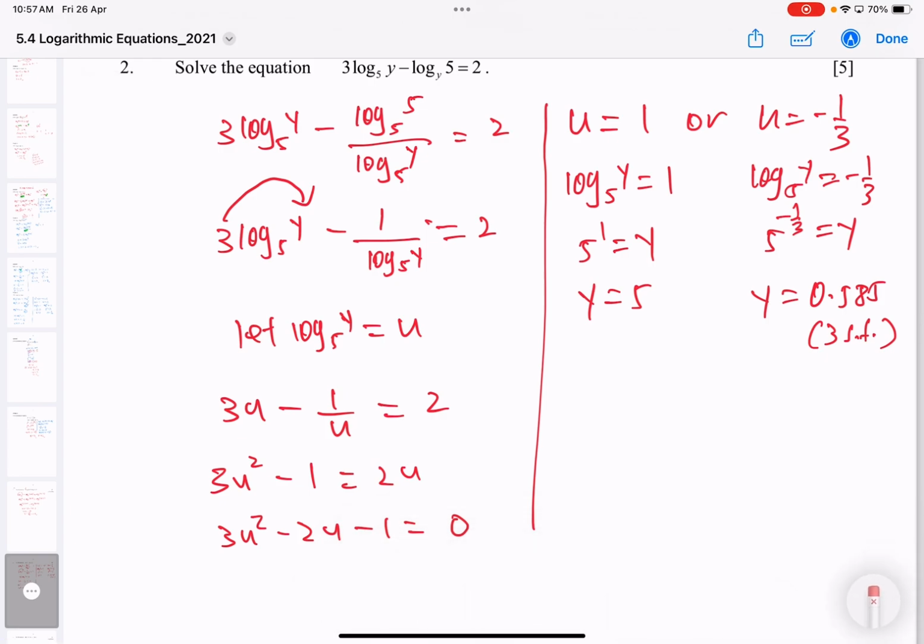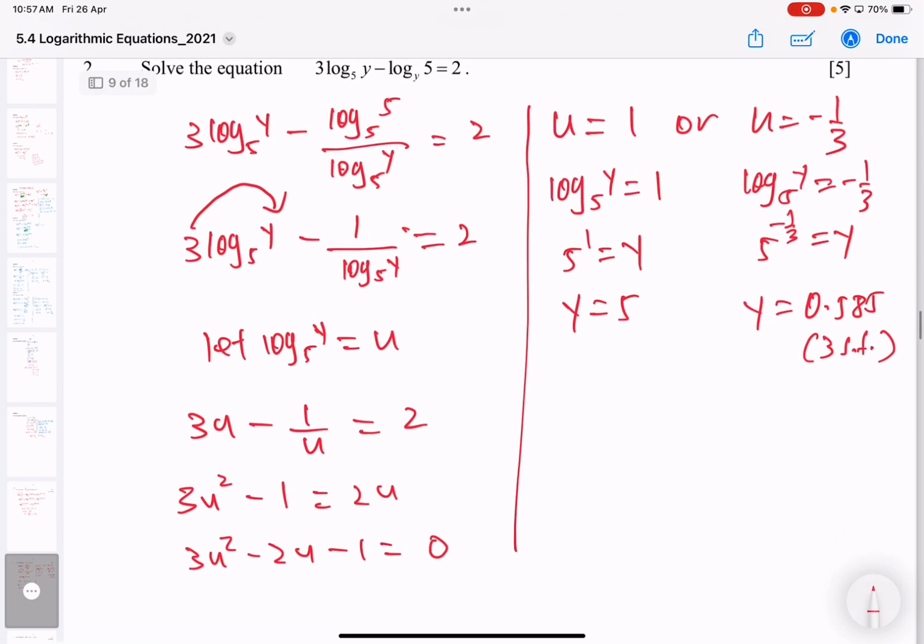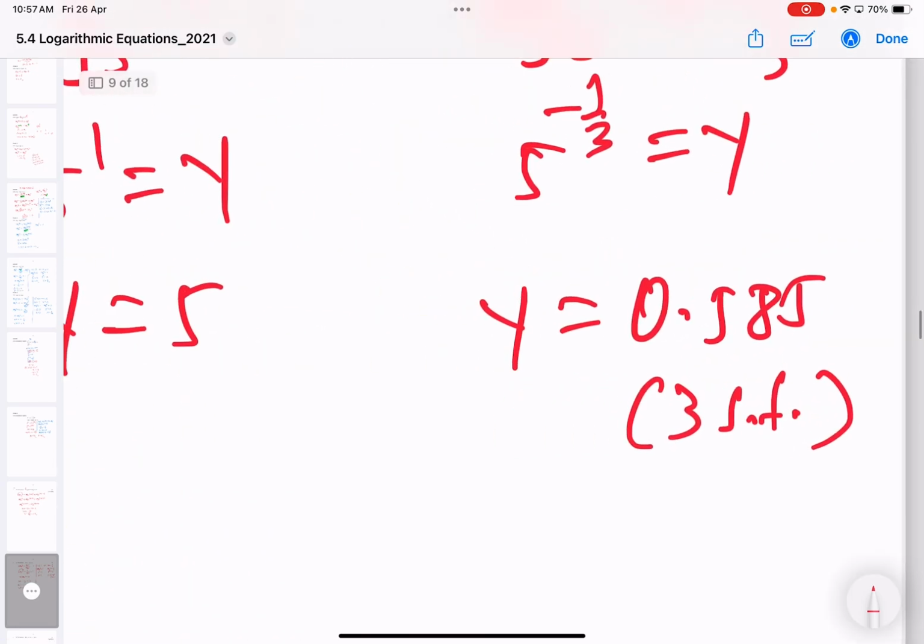Any other questions? Yes, this one. Is it better to leave it as a decimal or leave it as a fraction?